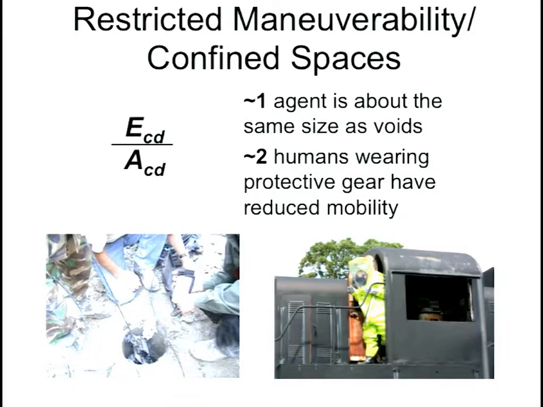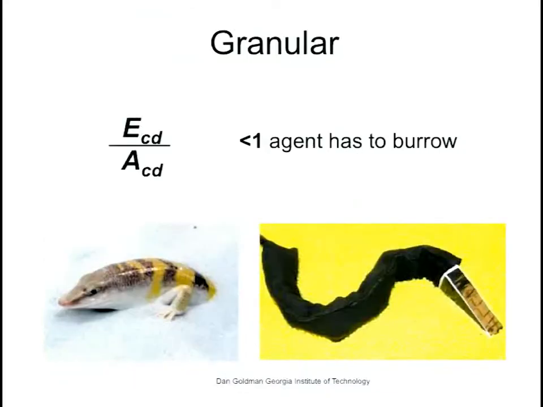And for humans, there's a whole set of issues with going into confined space. So restricted maneuverability is very much an important area. Notice in this case from the World Trade Center, you're going down a drainage pipe to try to get into the basement. There's another regime where the environment is actually smaller than the robot.